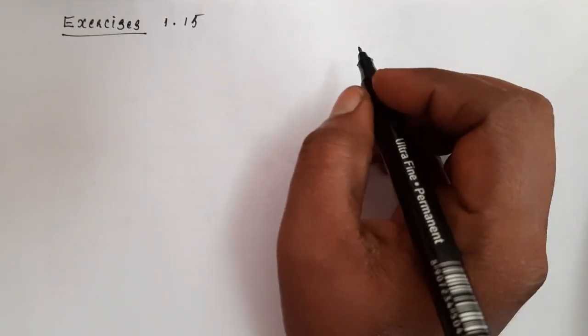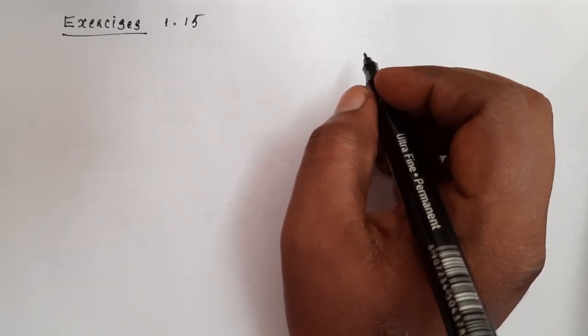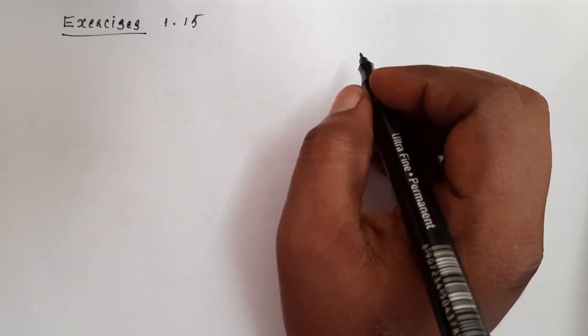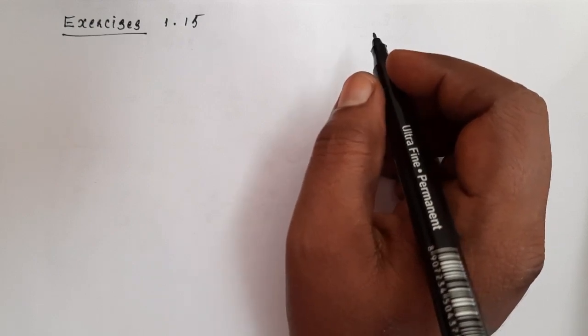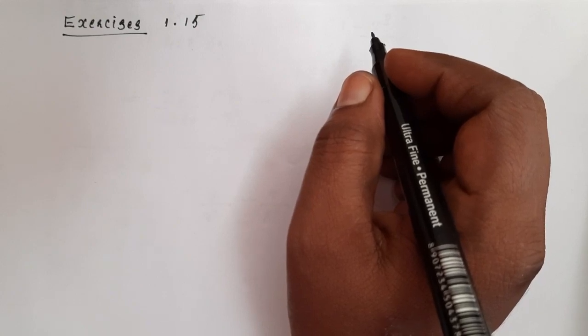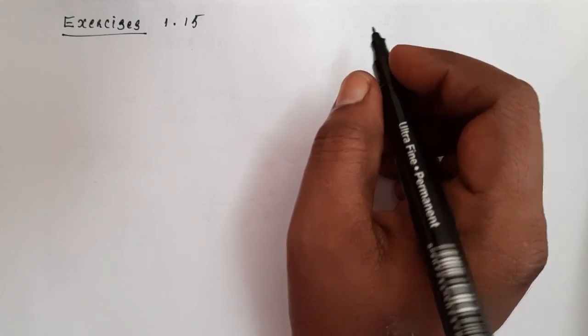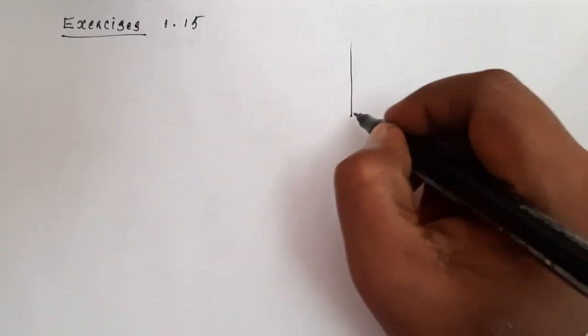So in this problem, the electric field is in the i cap direction, which means the X direction. You are asked to find the flux of this field through a square which lies in the YZ plane. YZ plane means a plane like this.